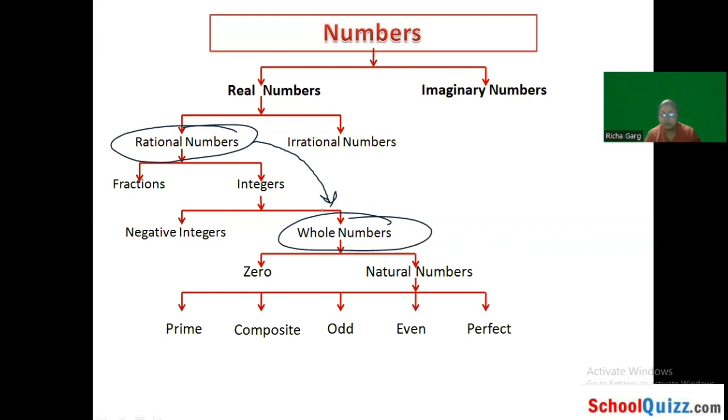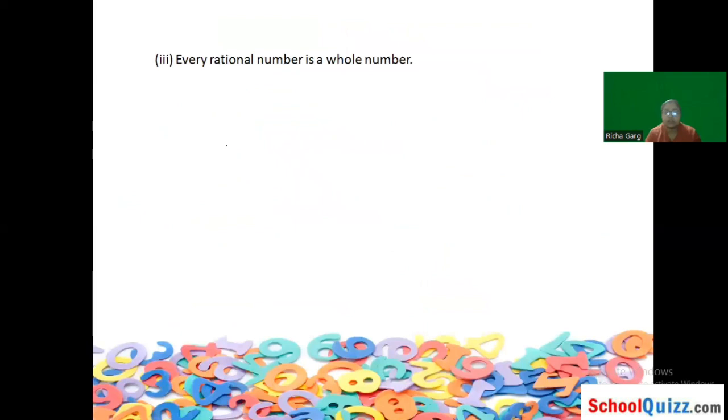No. Why so? Because a rational number includes fractions, whole number doesn't. You can see fractions are a different category and whole numbers are a different category. Then, rational numbers also include negative numbers, but whole numbers don't include negative integers. So I can say the statement is false. Understood?